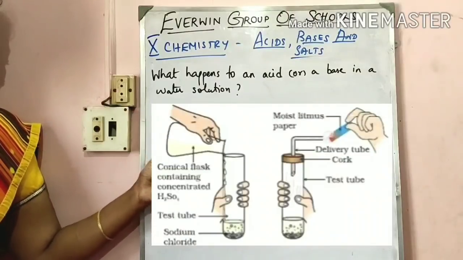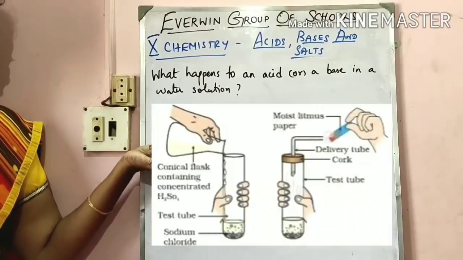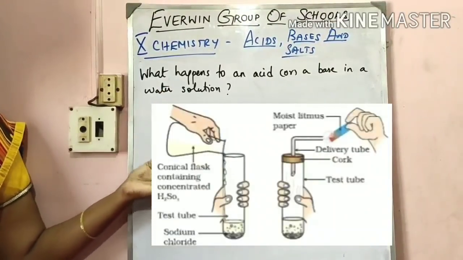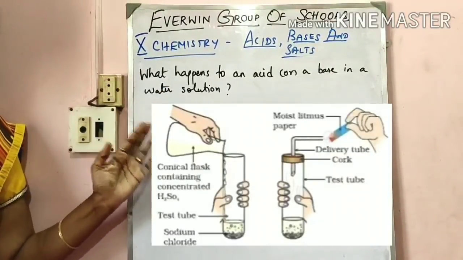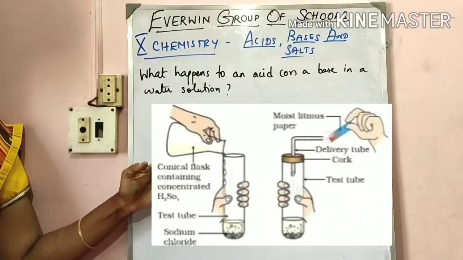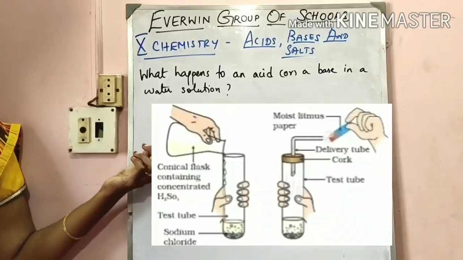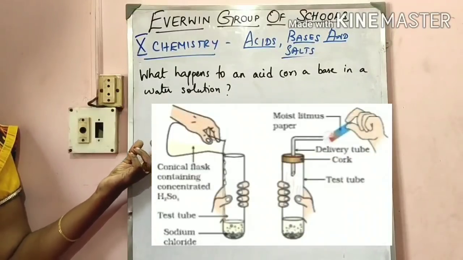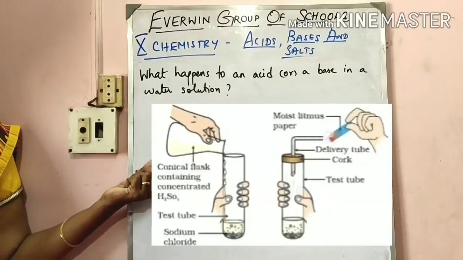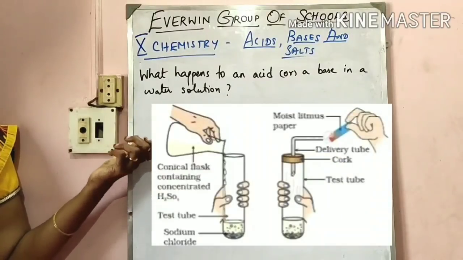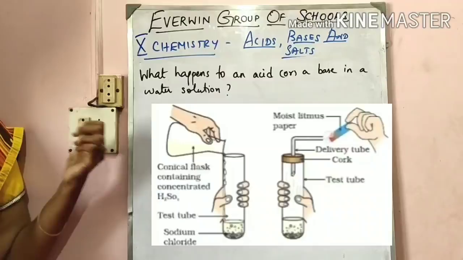Whether there is a change in color when the gas evolved is subjected to dry blue litmus paper, or a color change is experienced when it is subjected to wet blue litmus paper. On the basis of this activity, how can we infer the acidic character of dry HCl gas and HCl solution?